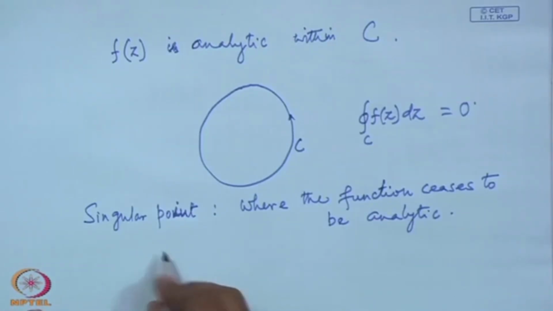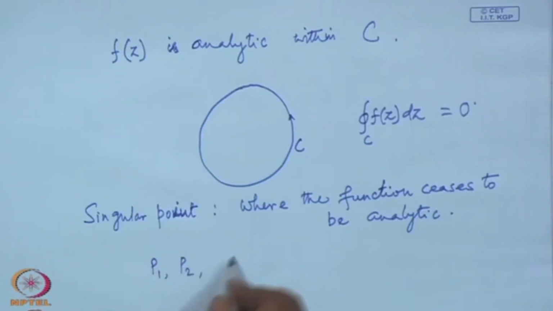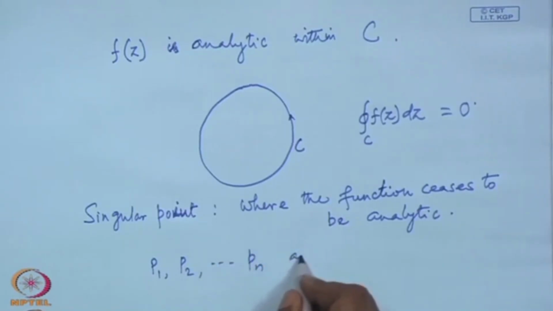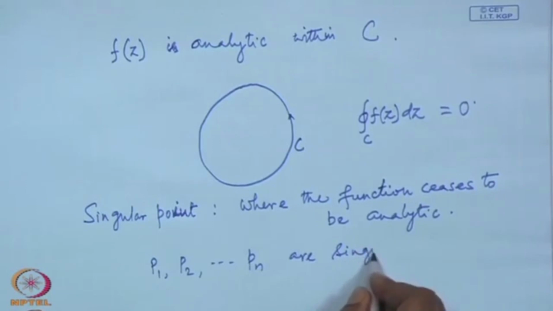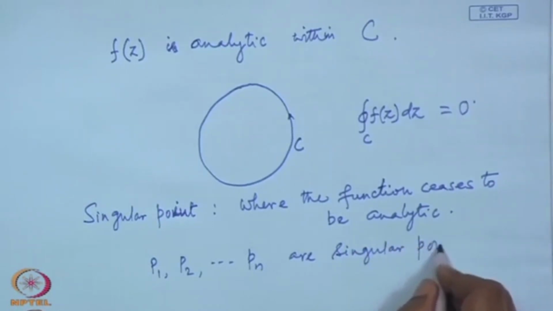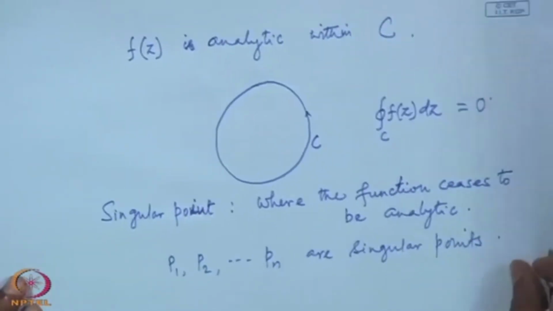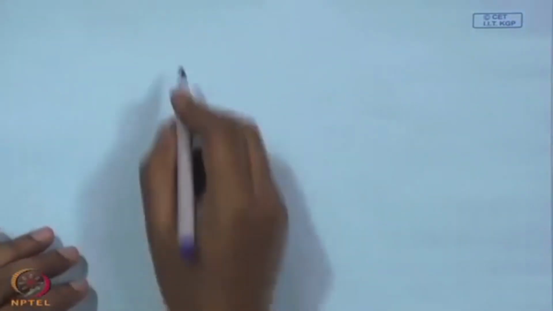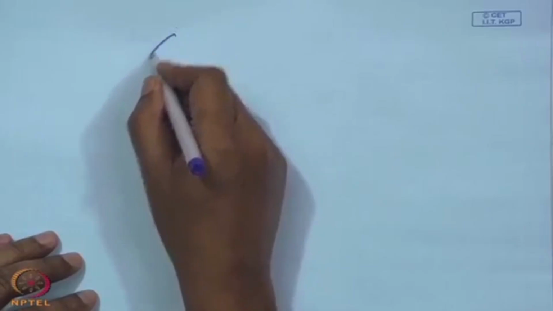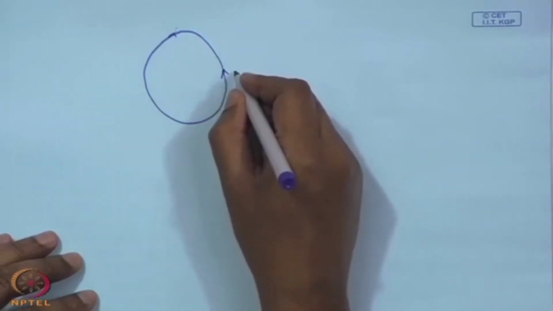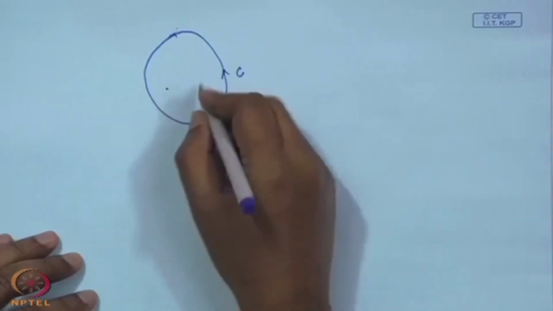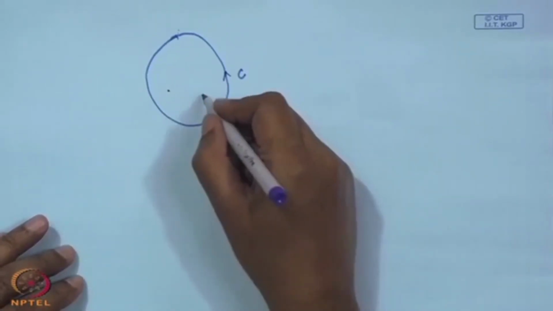Let us say we have a few singular points P 1, P 2, up to P n, which are singular points. Then what will be this integration?